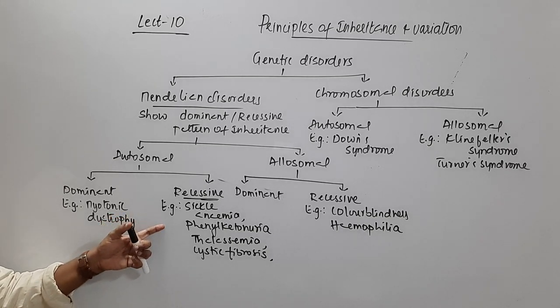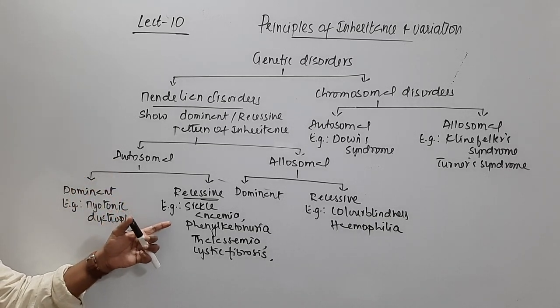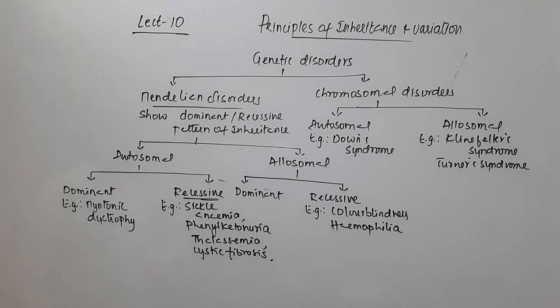So now let's see, starting with the autosomal conditions. I'll start with sickle cell anemia.